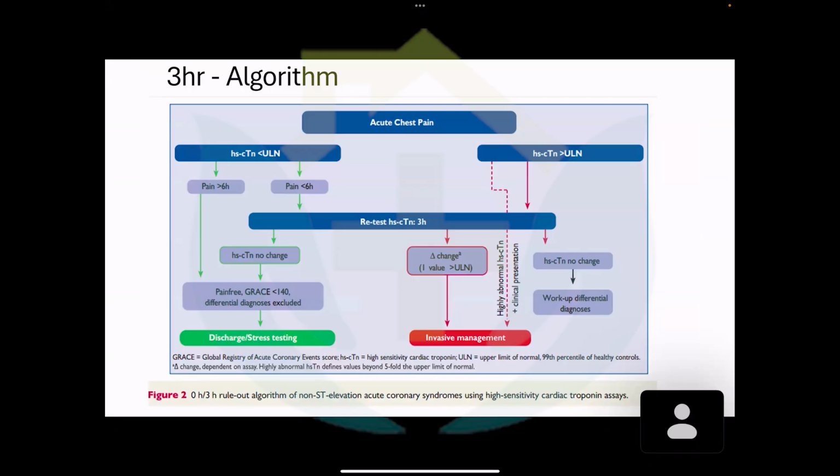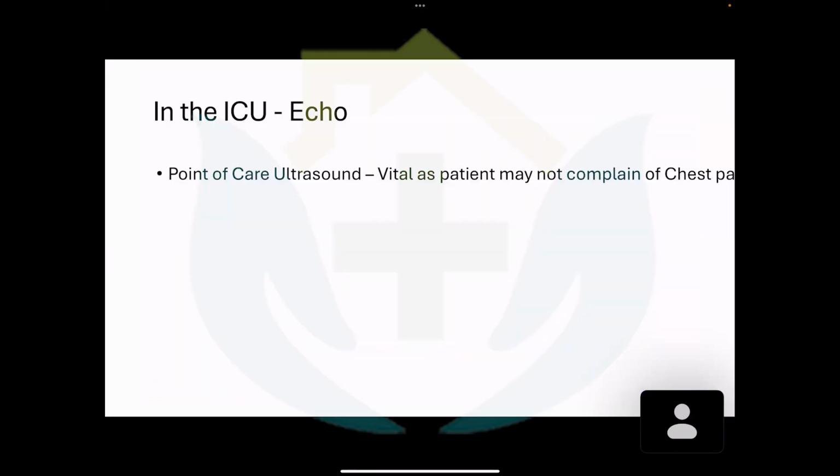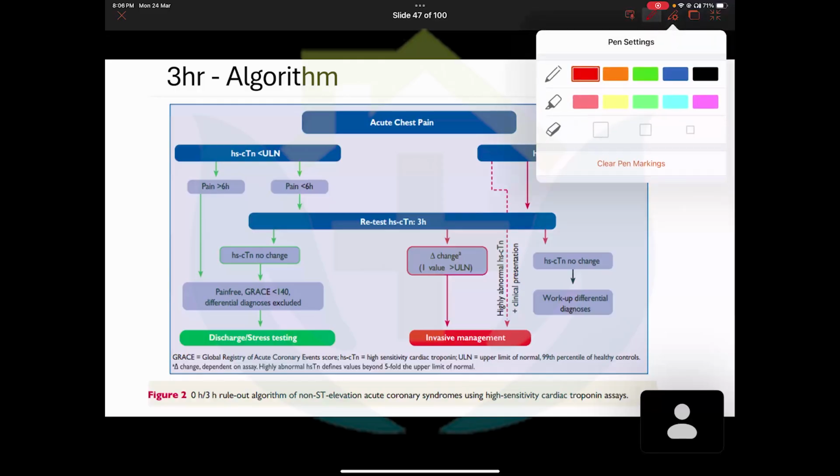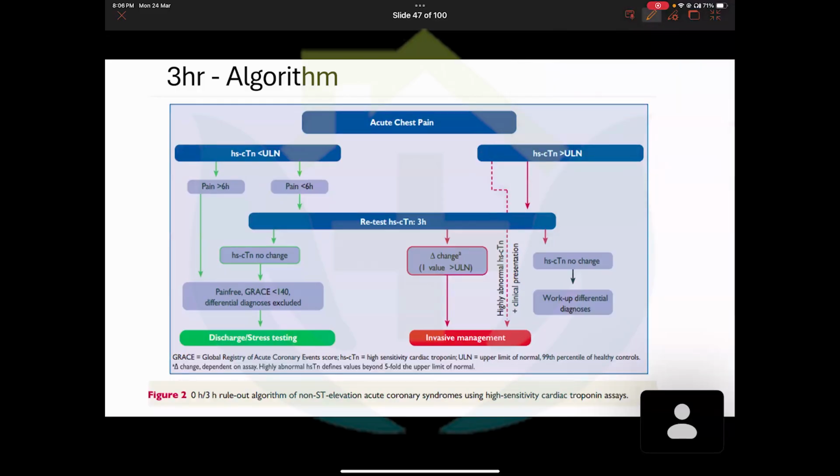For early diagnosis and early rule out, at least a 3-hour algorithm has been put out. In the 3-hour algorithm, first you take a clinical history, then you do an ECG, and then you do an HS troponin. If the HS troponin is more than the upper limit of normal, and it is highly abnormal, suppose it is in the thousands, then directly go for invasive management, no need to wait for anything else.